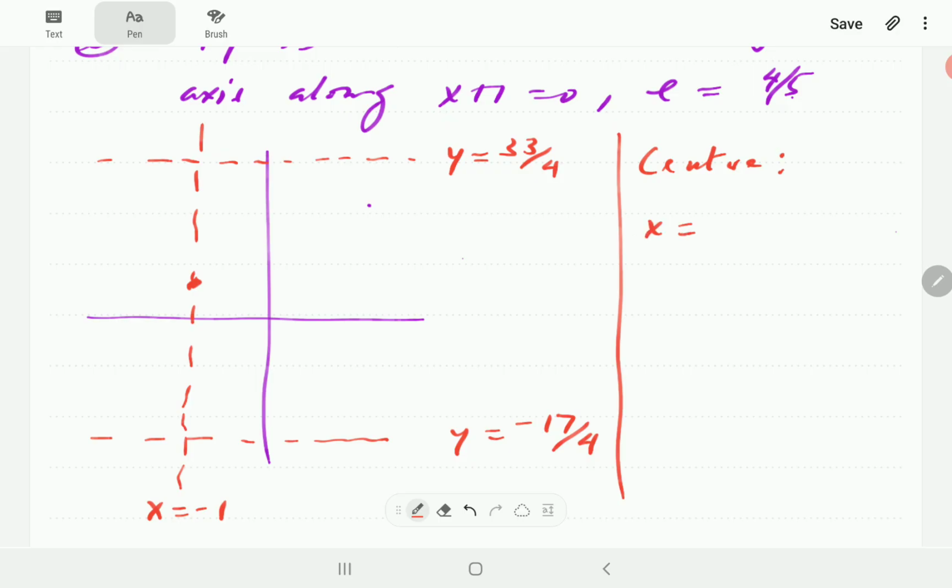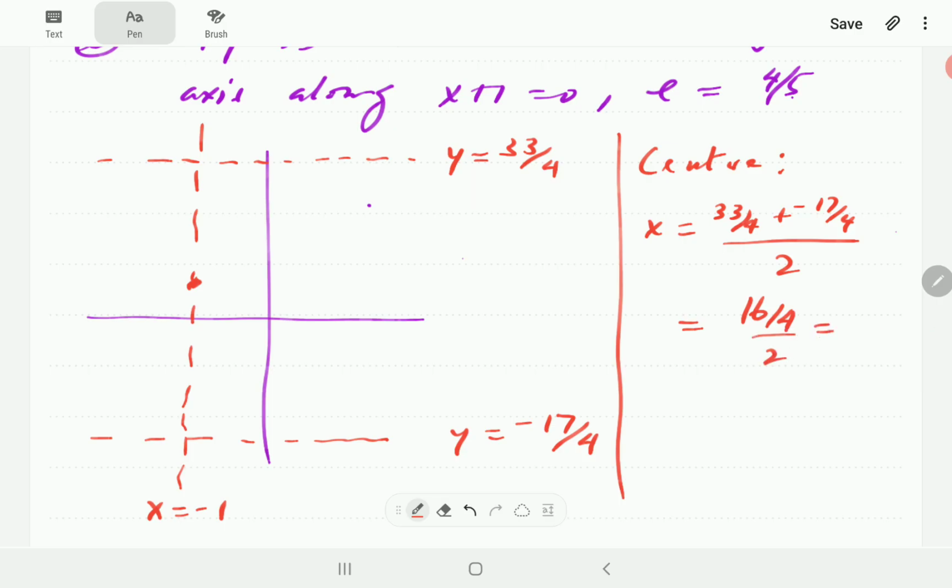So that coordinate is going to be 33 over 4 plus negative 17 over 4, all divided by 2. 33 minus 17 is 16, so this is going to be 16 over 4 divided by 2.